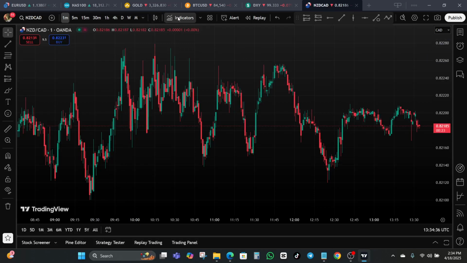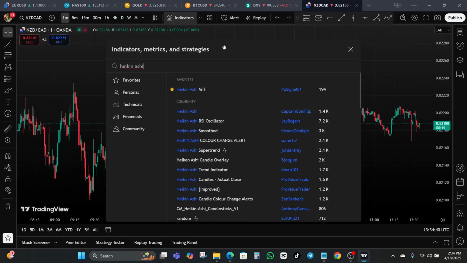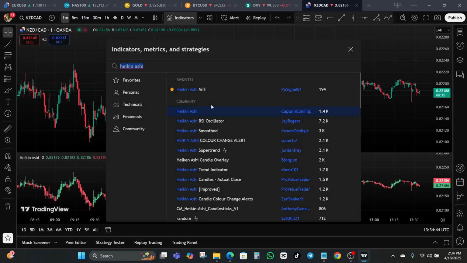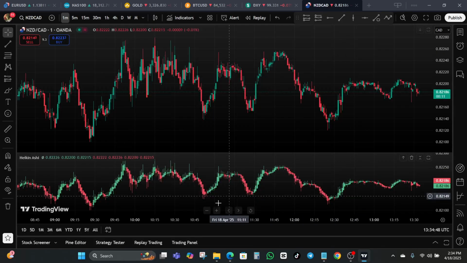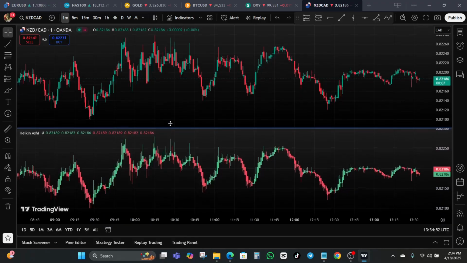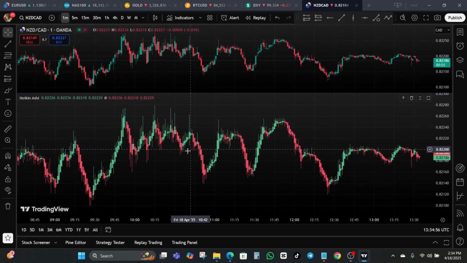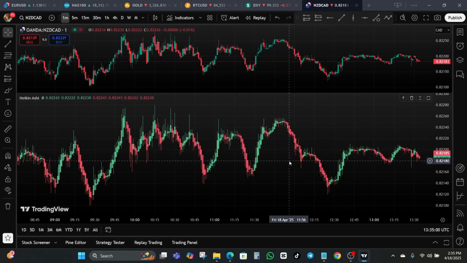Okay, so let's just look for the Heikin Ashi candles. You can see this is how the Heikin Ashi candles look. Let's just increase this. Since this is going to be our focus, let's give it more priority and more space.